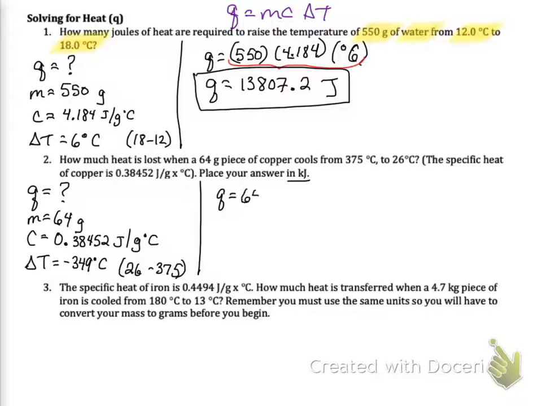Q equals 64 times 0.38452 times negative 349. So multiply across.